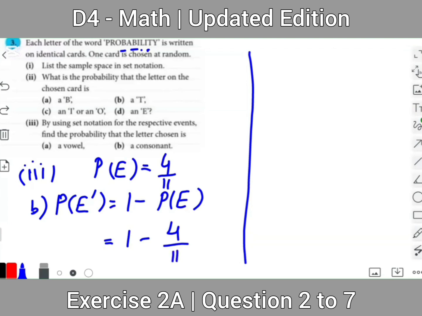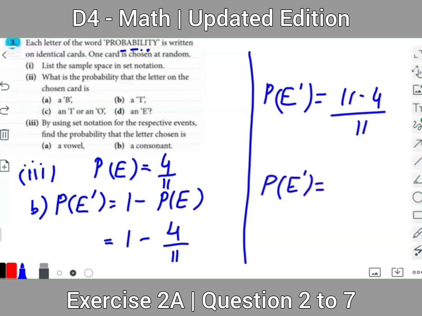It will give us P of E complement equals 11 minus 4 over 11, and that will give us the probability of the complement of the event equal to 7 over 11.